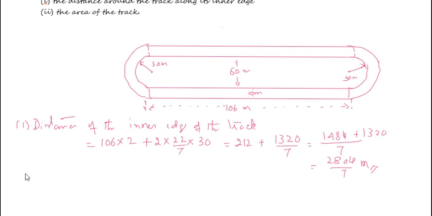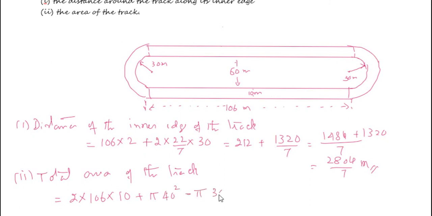So total area of the track: first the straight portion, that is 2 into length 106 into breadth 10, plus the area of the semicircular portions, that is pi r square, outer radius 40 square, minus pi 30 square.